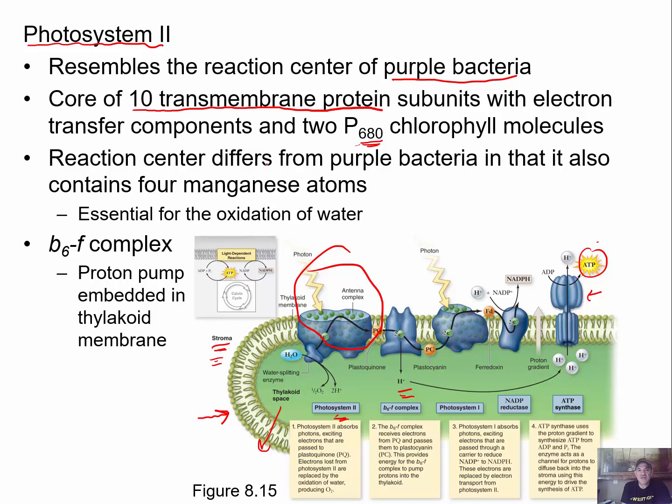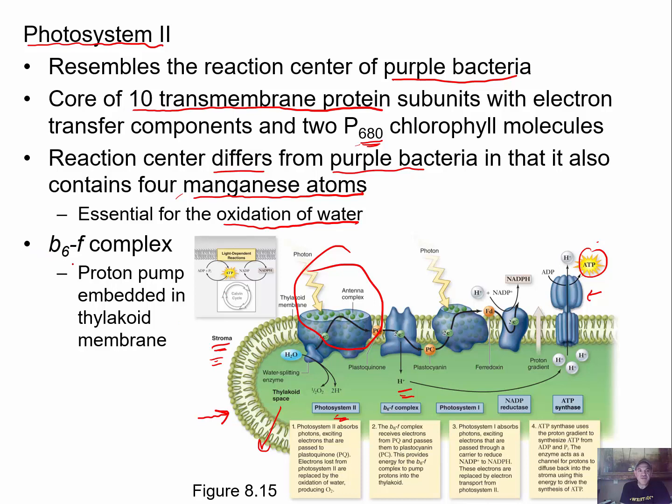The reaction center, though, differs from purple bacteria in that it also contains 4 manganese atoms, which are important in the oxidation of water. Recall that purple bacteria don't split water, and so no oxygen is generated from purple bacteria.